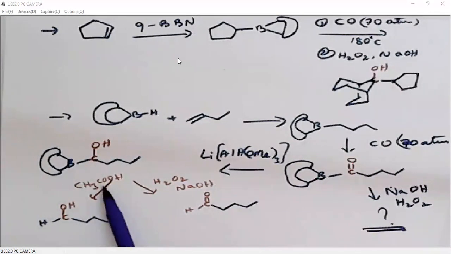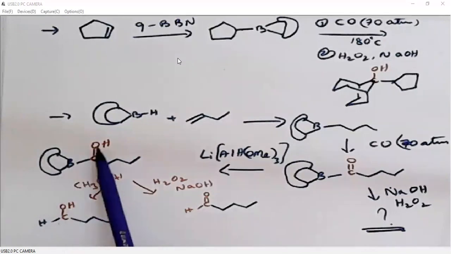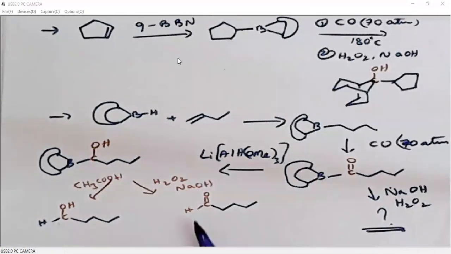When we treat this compound with acetic acid, we will generate a hydrogen in place of boron, so alcohol will be there. If we do oxidation on this, we will get one more OH in place of boron. So dihydroxy on a single carbon, which is unstable. With loss of a water molecule, it generates a carbonyl. Because it is a terminal carbonyl, it is an aldehyde.